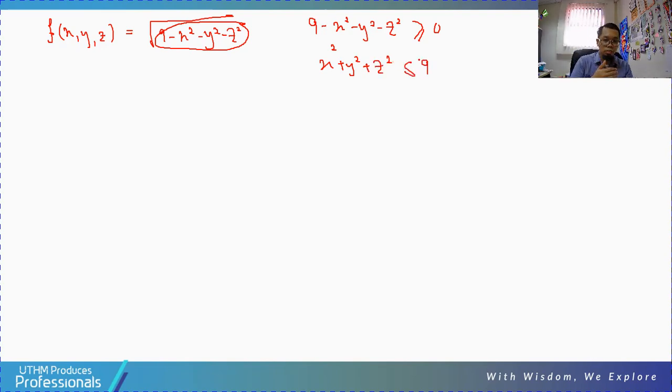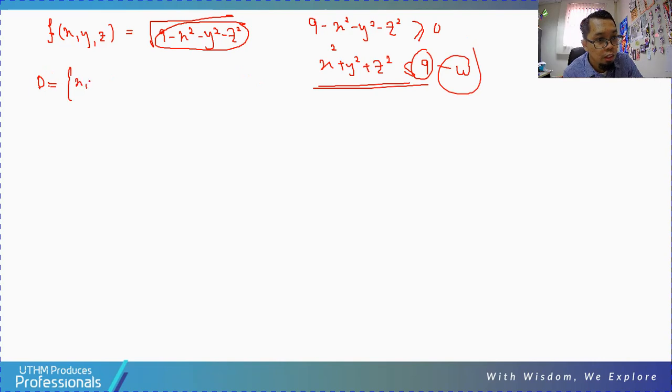Okay, so you know this is the basic formula for the sphere. So the domain is the set of (x, y, z) such that x² + y² + z² ≤ 9. You can stop here, and then x, y, z are real numbers.